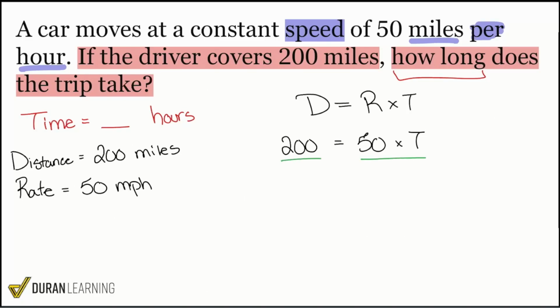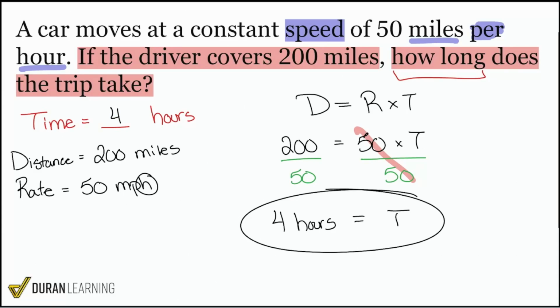Yes, divide both sides by 50. And right there, 50. And we are good. The time here equals 200 divided by 50. 50 goes into 200 4 times. And we said, again, because it's miles per hour, it's going to be 4 hours. And there's our answer. Booyah.